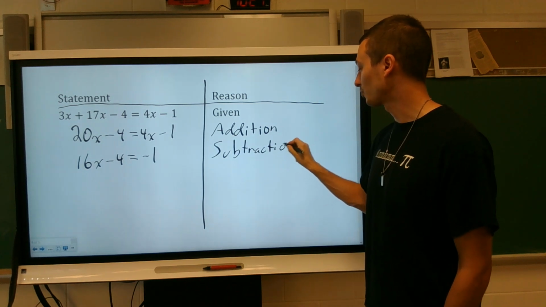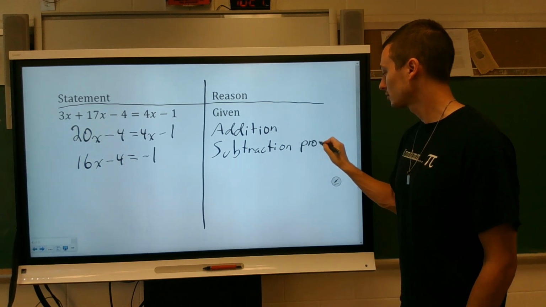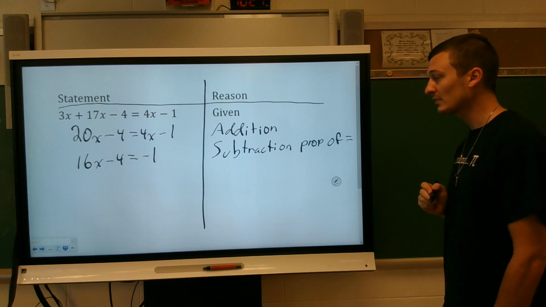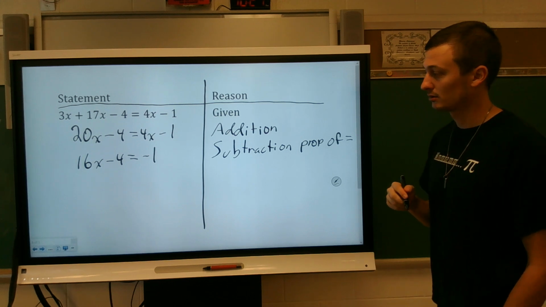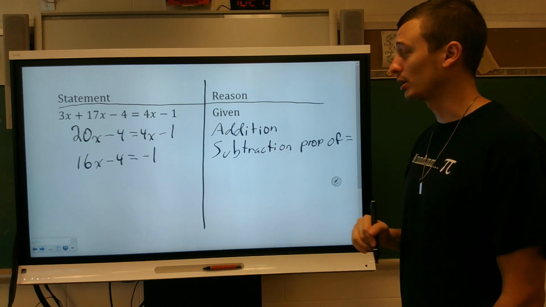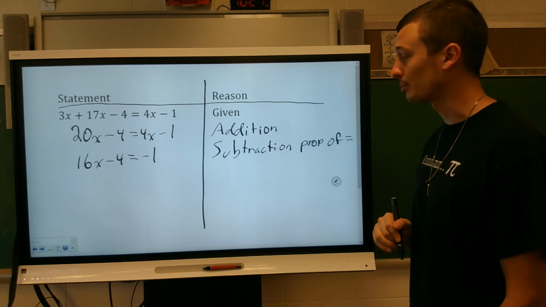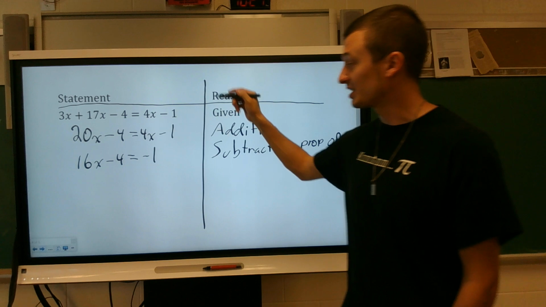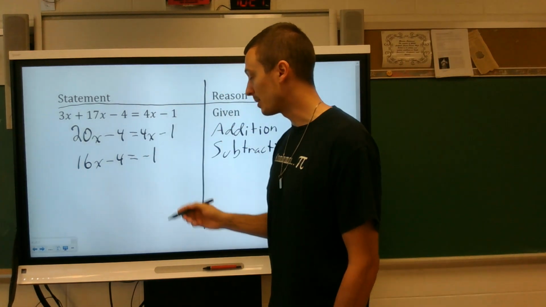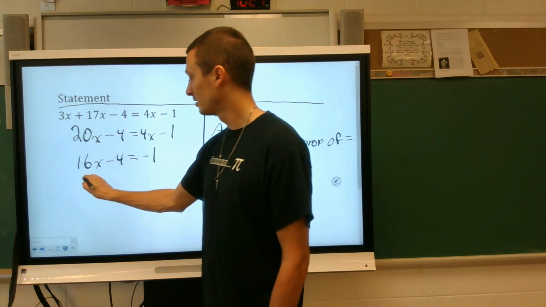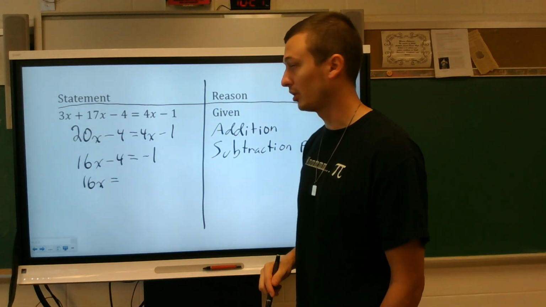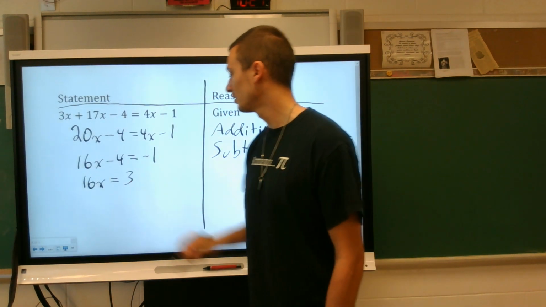Now this is the subtraction property of equality, because I subtracted 4x from both sides. I thought I added for a second. No, I totally subtracted 4x from both sides. So this is my statement, and this is why I have that statement. My next step would maybe be to add 4 to both sides. So 16x equals negative 1 plus 4, which should be 3.